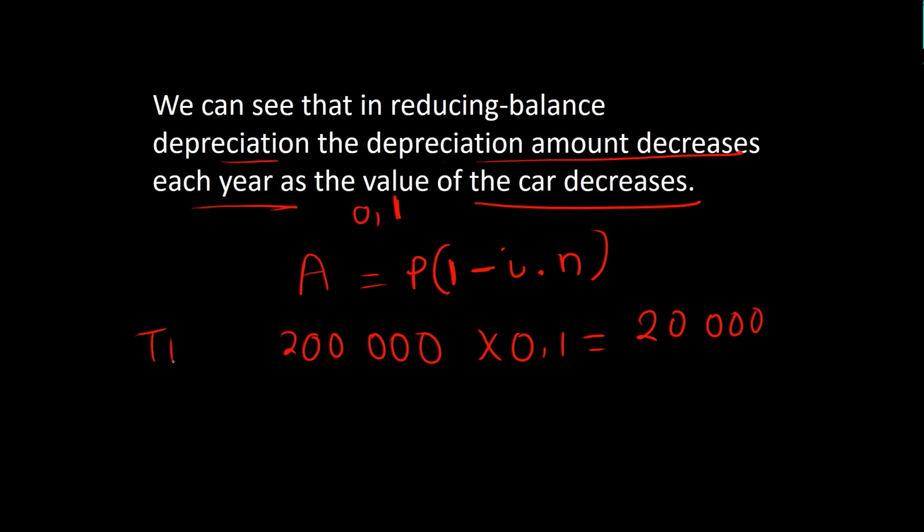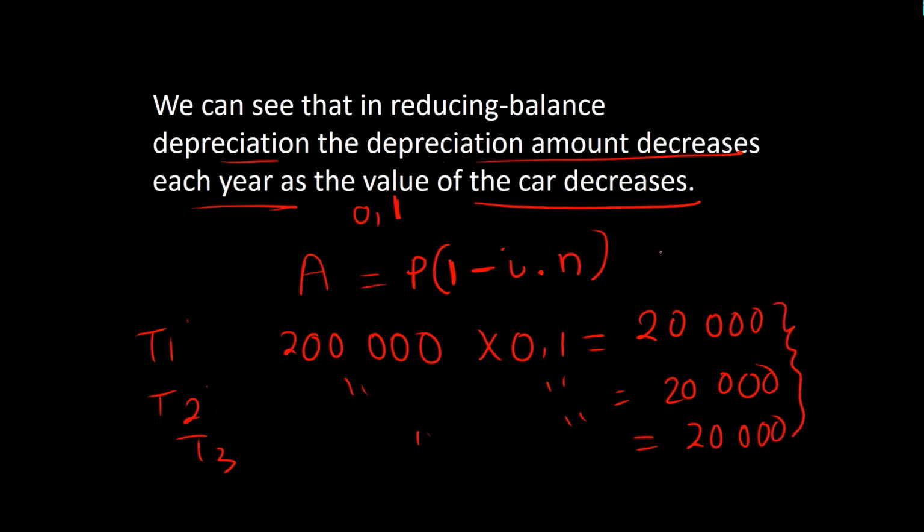So at the end of year one, it would be that. At the end of year 2, it's going to be the same calculation. And at the end of year 3, once again, 20,000 Rand. So what do we see in straight line depreciation? If we added 20, 20, 20, we get 60,000 Rand. So it results in a lower value of the car at the end of the time period.